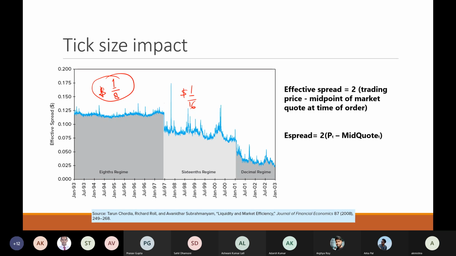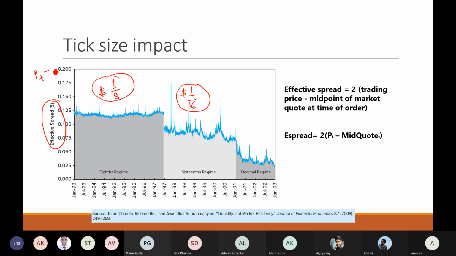Means the variation, earlier this much money was required, or this much step you can follow. And then after 1997, up to 2001, the tick size came down to half of the previous. So what is observed: the effective spread is one of the liquidity measures. So what is the effective spread?